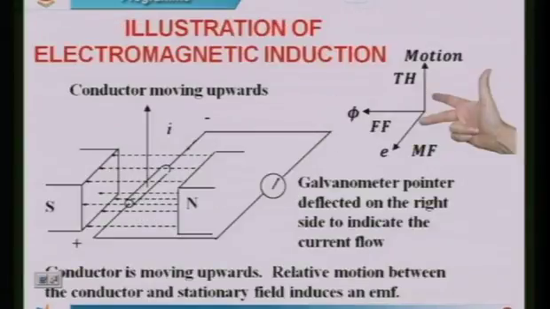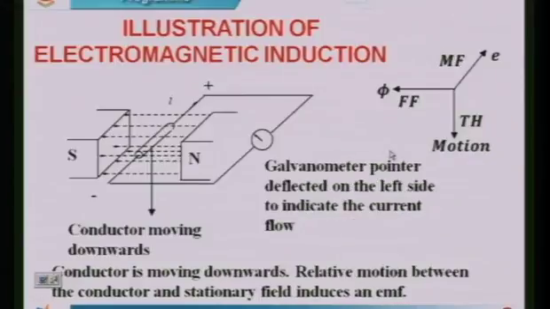Here we can see the thumb is in the direction of the motion, the forefinger is in the direction of the flux, and the middle finger is in the direction of the EMF. And this is in the opposite direction. So instead of showing the right hand, it has been schematically represented here.